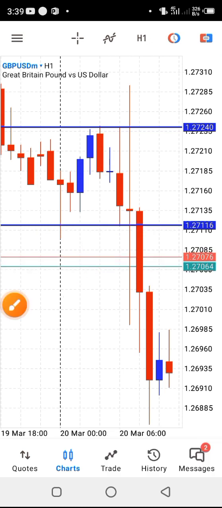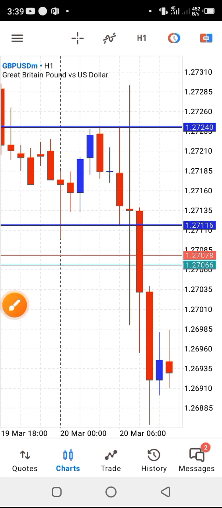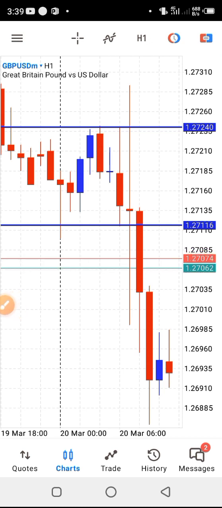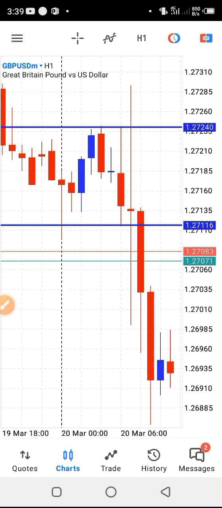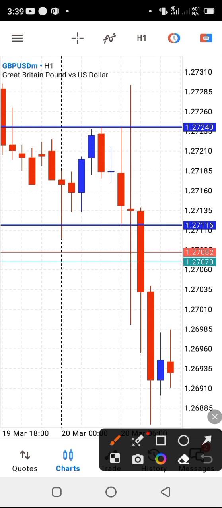So when the new candle opens, it's going to act as if it's coming up, then it will move down. When it is moving down, just one pip below this level, we are entering a sell trade.